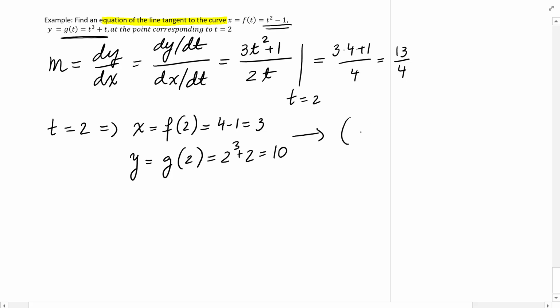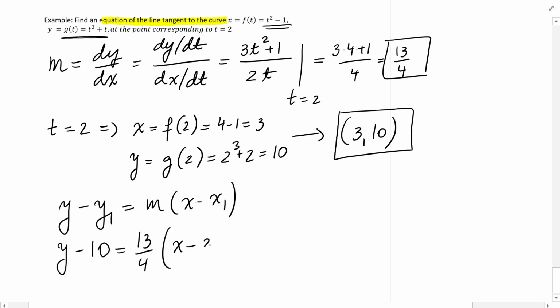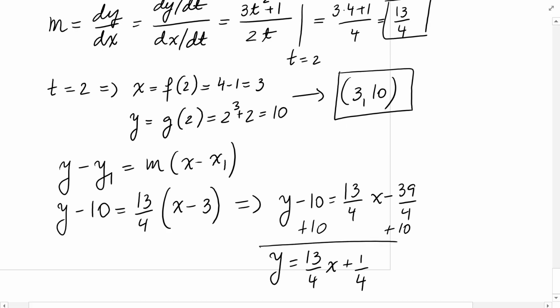So we are trying to find the equation of a line that has the slope 13 over 4 and is passing through (3, 10), which uses the formula y minus y1 equals m times x minus x1. So we have y minus 10 equals 13 over 4 times x minus 3. Doing the algebra, we get the equation in slope-intercept form as y equals 13 over 4 x plus 1/4.